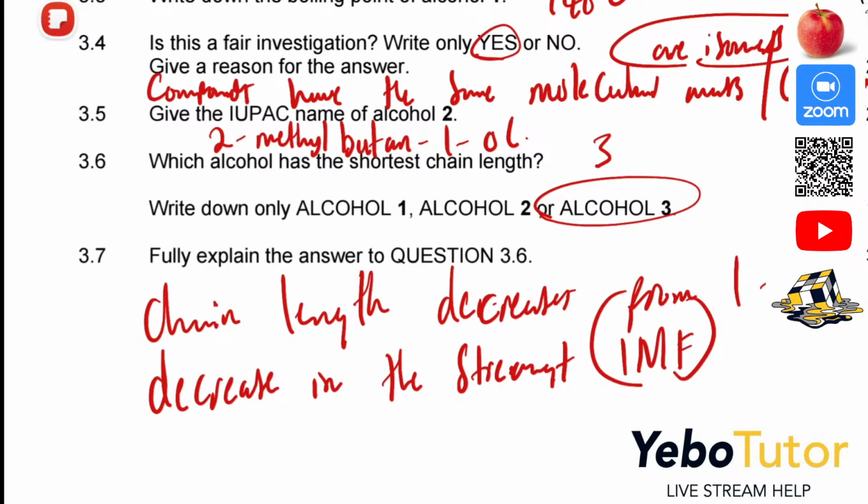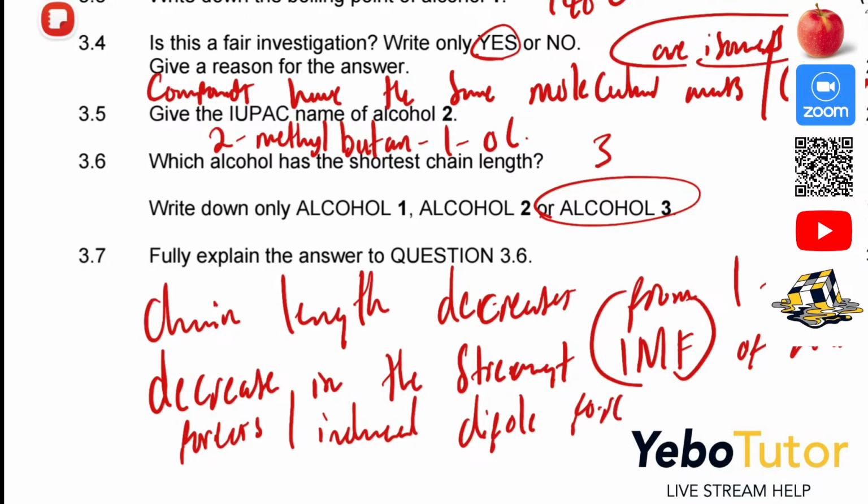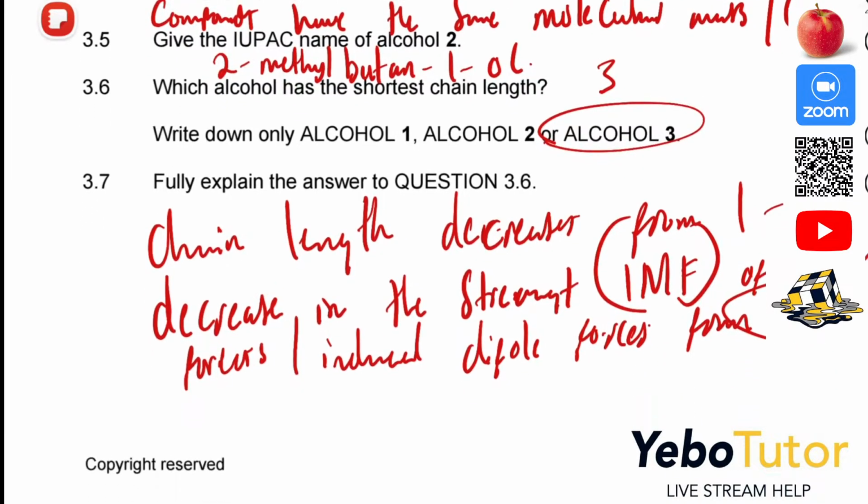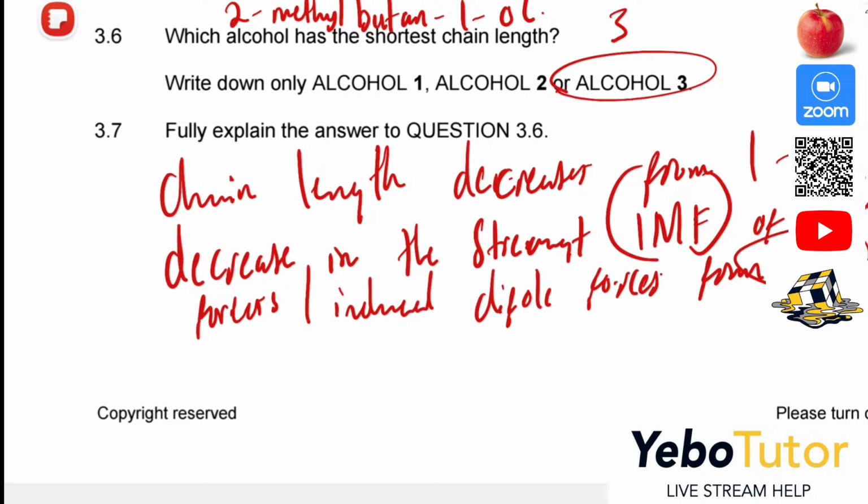Then of course, these London forces, or you can say your induced type of forces, from alcohol 1 to 3. Then of course we can relate the strength of London forces, and we can say that the energy will be involved. So this is quite easy, guys. That's how we always explain. Please don't forget how to explain, as this will come as well to your test when you are writing tomorrow.